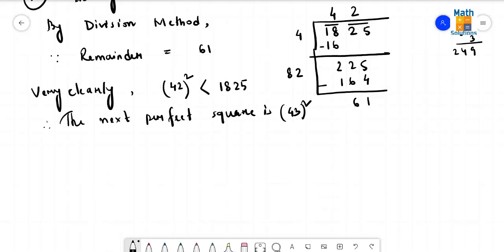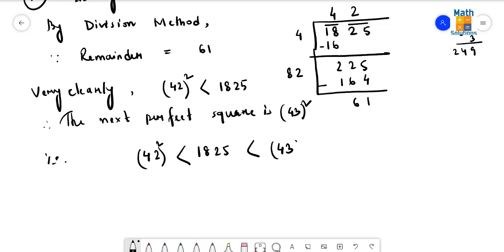Actually, 1825 lies in between 42 square and 43 square. So after this, 43 square, let us check what result we get.